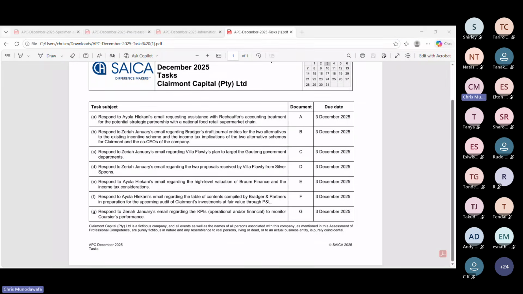So if you are given a task like, for example, respond to Iola's email requesting assistance with Richava's accounting treatment for the potential strategic partnership with the national food retail supermarket chain. Please, one of the greatest mistakes students make is to answer only based on what is in the task here.